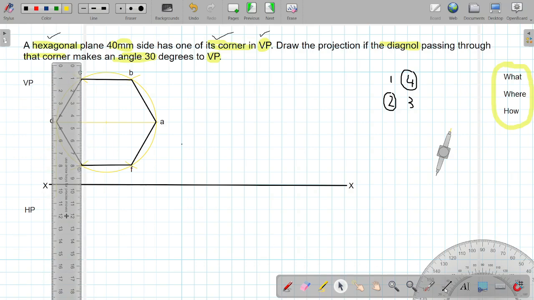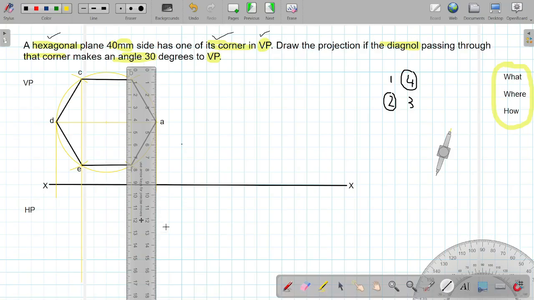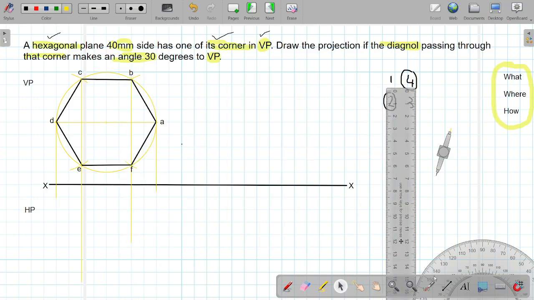So if your construction is perfect, points C and E will lie on the same projector. Now wherever all these projectors cut the XY line, we will give the naming there. So this will be A. The naming in the front view will be with dash. As per the convention, front view points are given as A dash, B dash and so on.